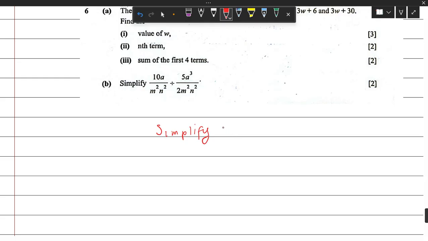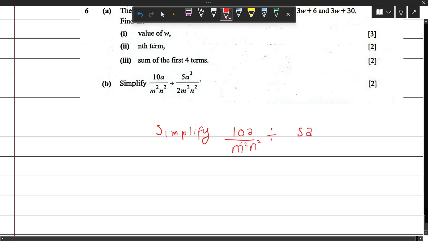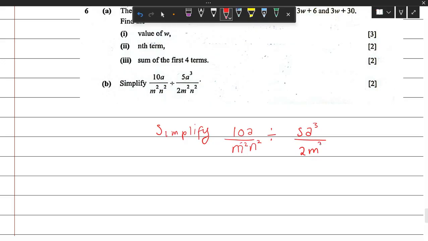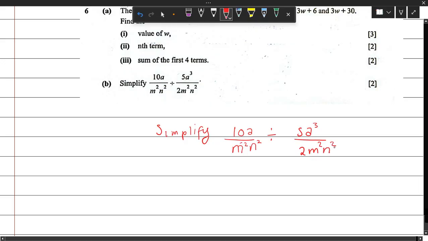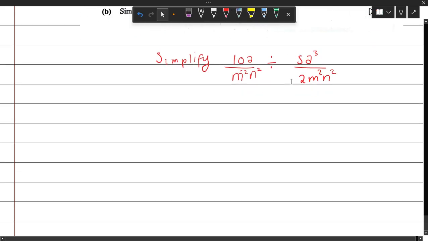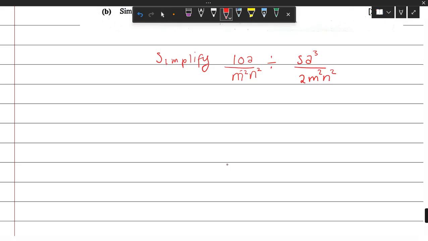So you are given 10a over n, m squared n squared, divided by 5a to the power 3 over 2 m squared n squared. Here is just a rule of division.